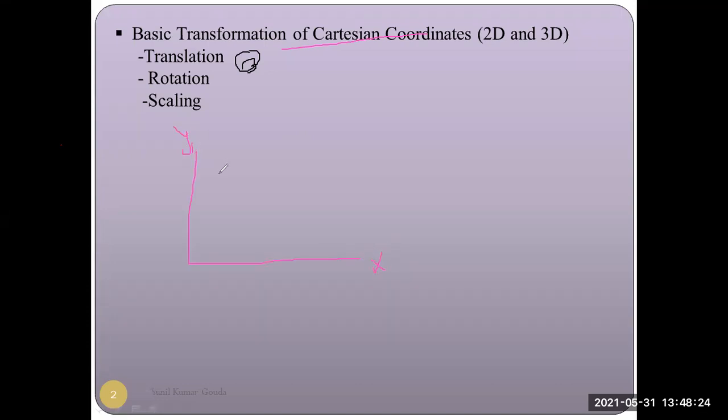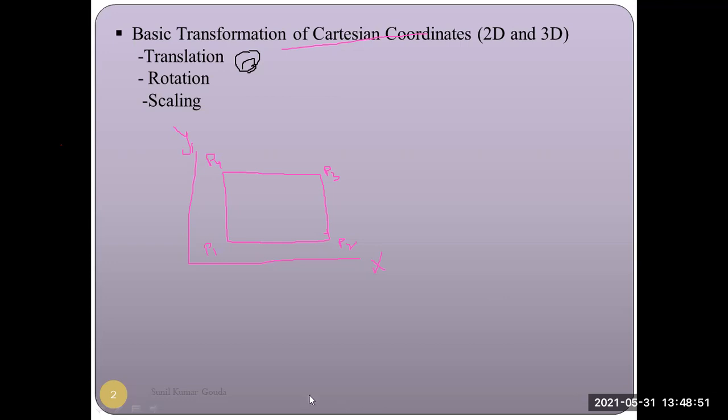Now consider a square. Now suppose the points of the square are p1, this is p2, this is p3, this is p4. Clear, so these are the points.